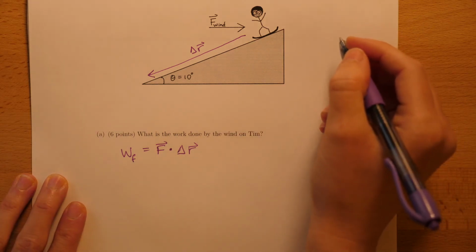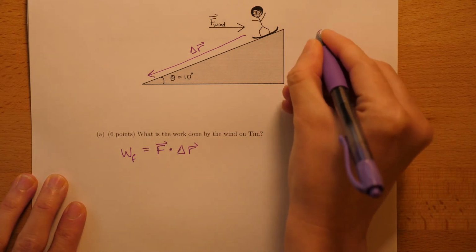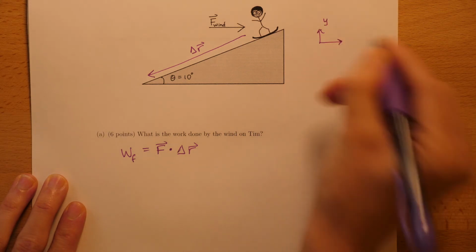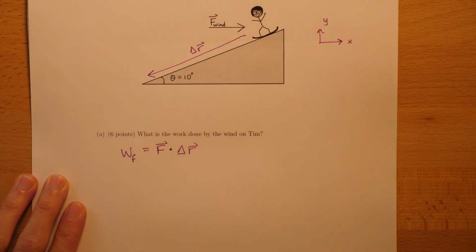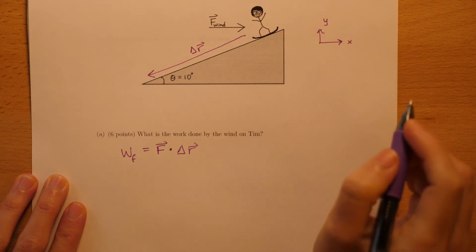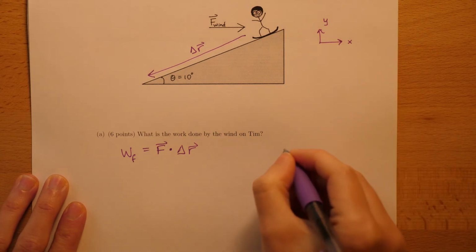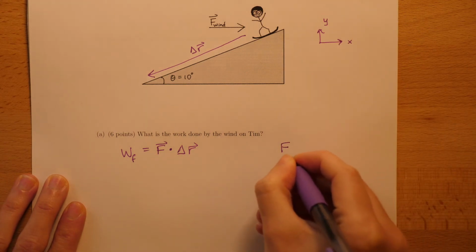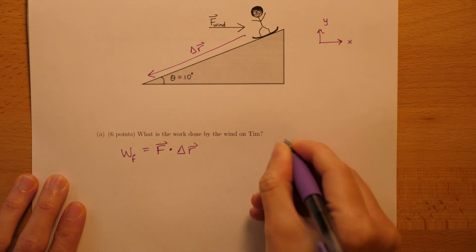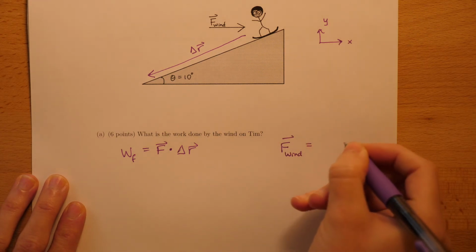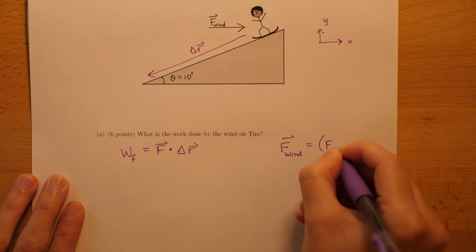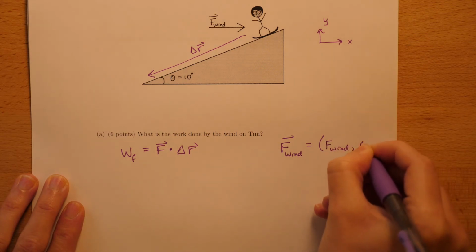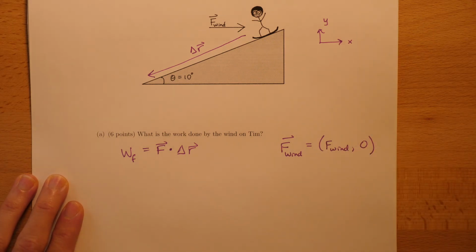So if we give ourselves some regular components, or regular axes, we can write these two vectors in components using those axes. So the force of the wind is totally in the positive x direction. So we would get F wind, and there's no component in the y direction.